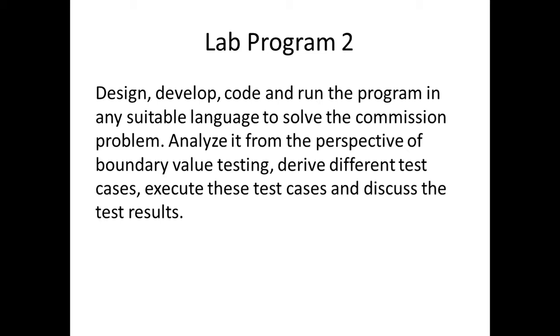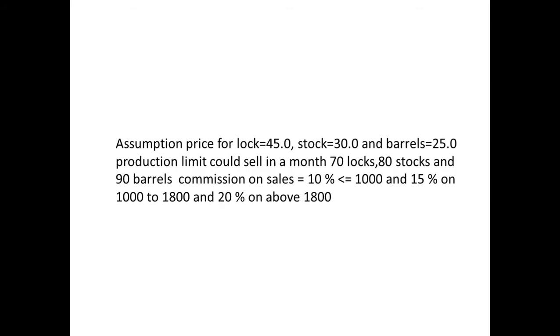Now how will the gunsmith calculate the commission? There are a few assumptions made on this problem. The price for a single lock is 45 rupees. Next, for a stock it is 30, and for barrels it is 25.